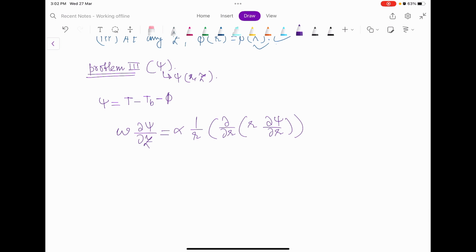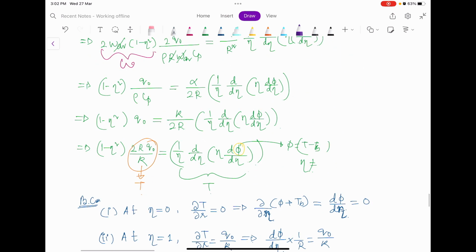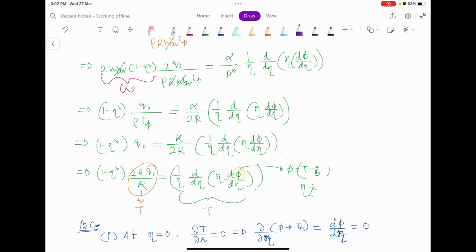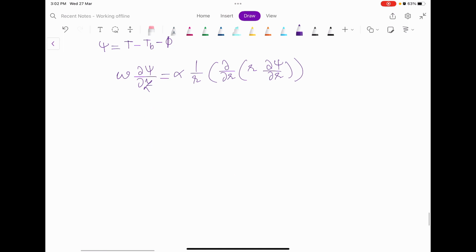Now let us see the second condition: if I add the boundary conditions of the three problems, that should give me the boundary condition of the actual problem, right? So what will be the boundary condition here?